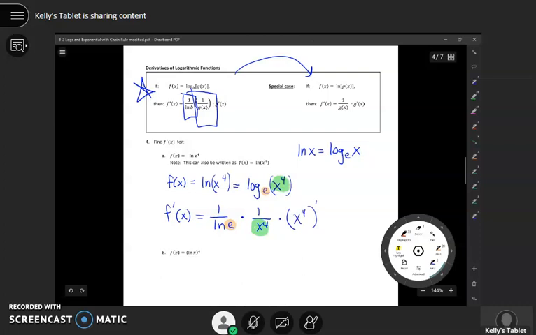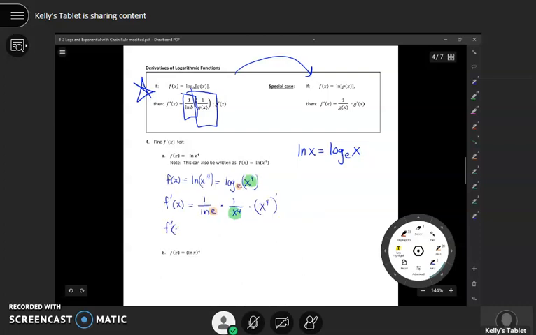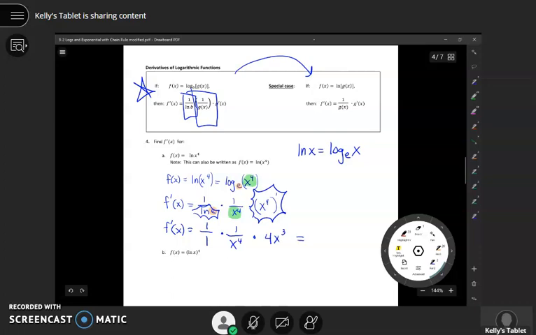So I really have the derivative of f is equal to 1 over 1, the natural log of e, you know that from algebra, that's just 1, times 1 over x to the 4th, times the derivative of the argument. That just involves power rule. That's 4x cubed. So when we put all that together, I can write that 4x cubed over 1. So I multiply all my numerators together.